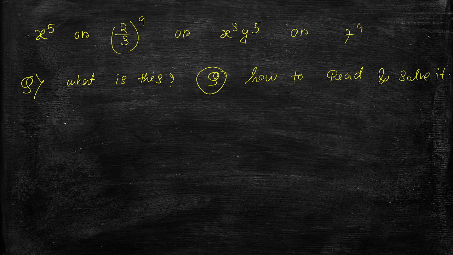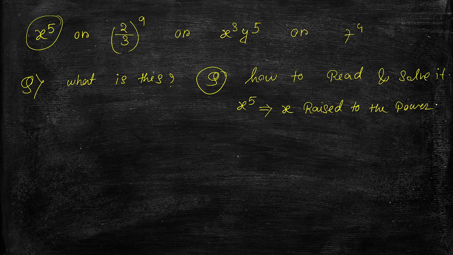So I'm going to answer the second question first, that is how to read and solve it. So how to read it: let's take x to the power 5. We read it like this, that x raised to the power 5.